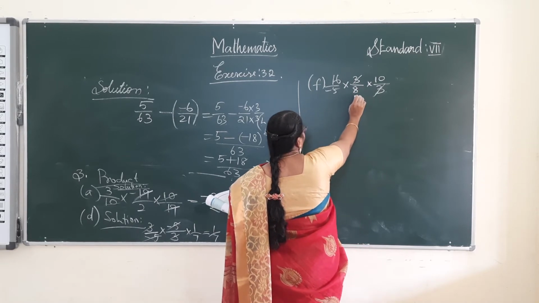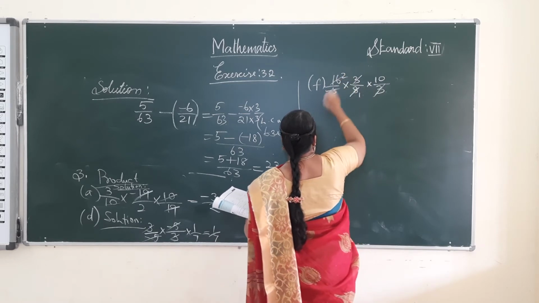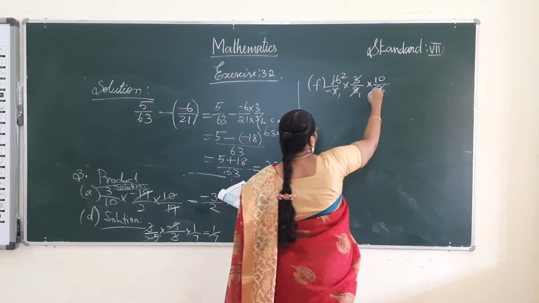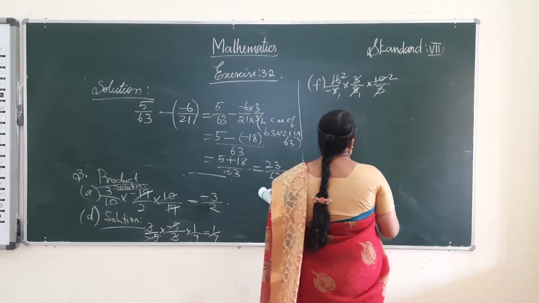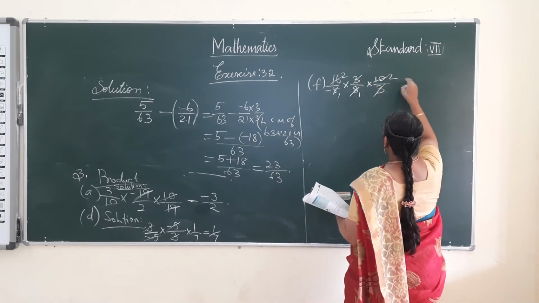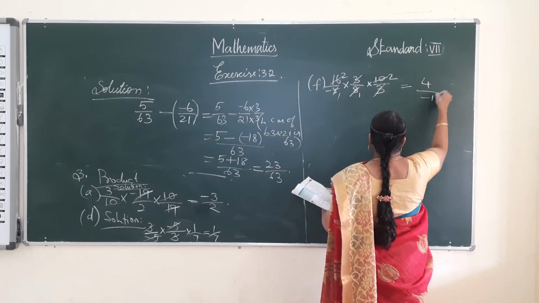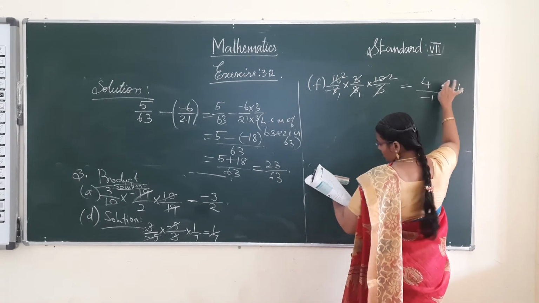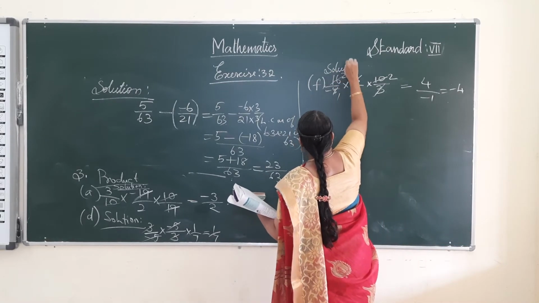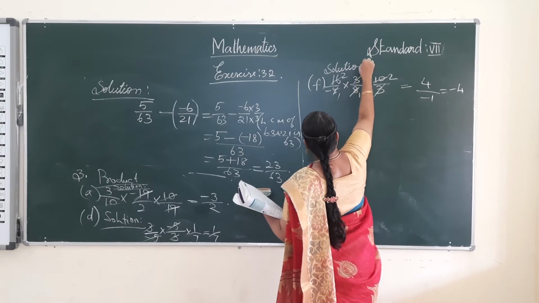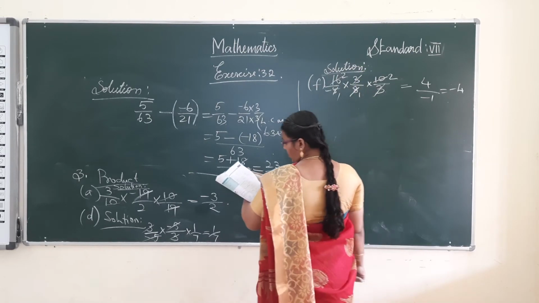And then 8 1s are 8, 8 2s are 16, 5 1s are 5, 5 2s are 10. Now multiply the numerators: 2 2s are 4, and the denominator value is minus 1. So the answer is minus 4. Remaining problems are homework.